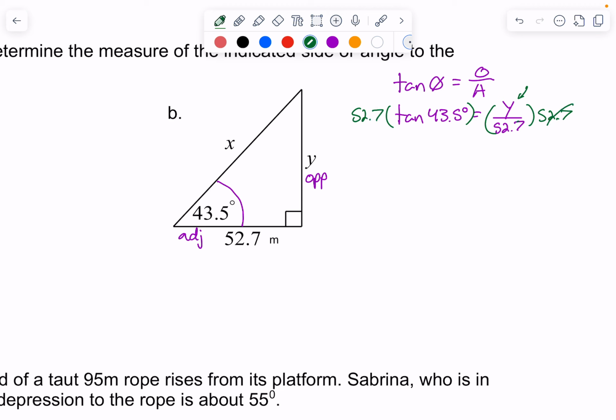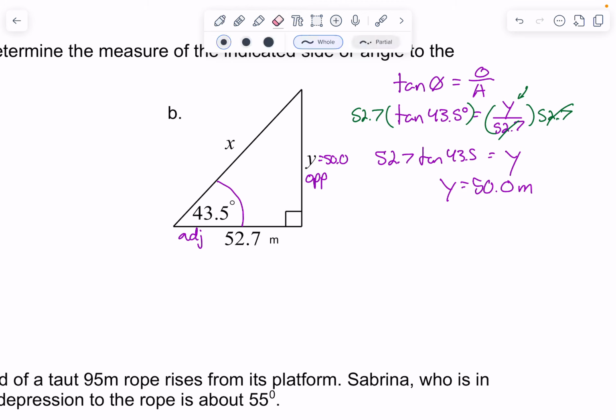This cancels with this, and you get 52.7 tan 43.5 is equal to y. Now just put that in your calculator. Tan 43.5 times 52.7 equals y, being 50.0 meters in this case. So this is 50.0.